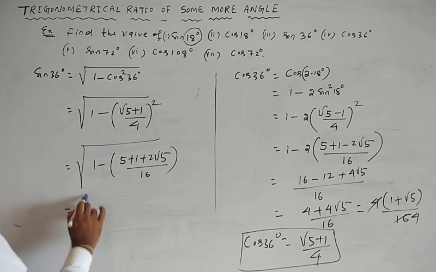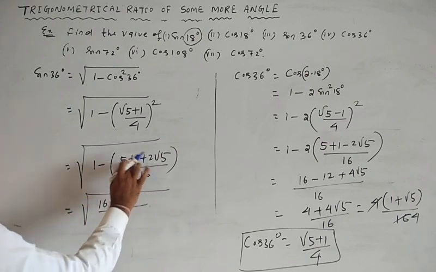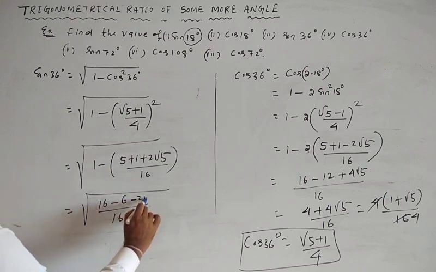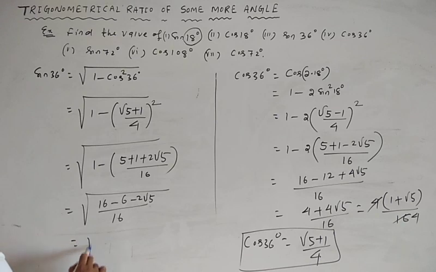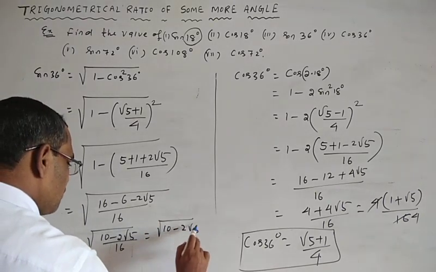Taking LCM 16, we have 16 minus 6 minus 2 root 5. So 16 minus 6 is equal to 10. So this is equal to 10 minus 2 root 5 by 16. Taking the square root, we get root over 10 minus 2 root 5 by 4.